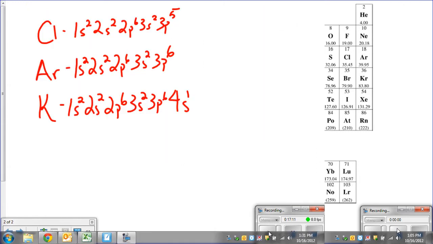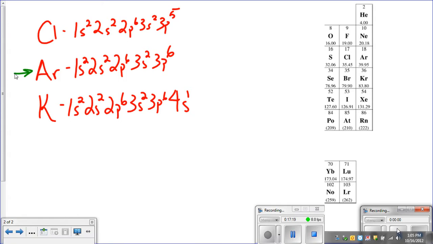Now the last thing to talk about with electron configuration is ions. Remember that noble gases are stable. They have the perfect configuration of electrons.